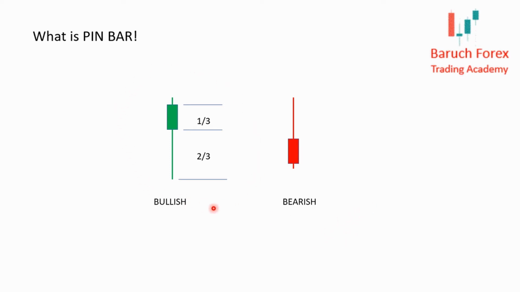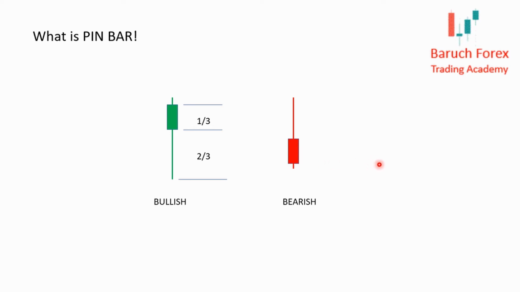We only call it a pin bar when the body is about 1/3 of the total length of the candle. So the wick is 2/3 and the body is 1/3, and this is called a pin bar. Same over here, the bearish pin bar: the body is almost 1/3 of the entire candle height.